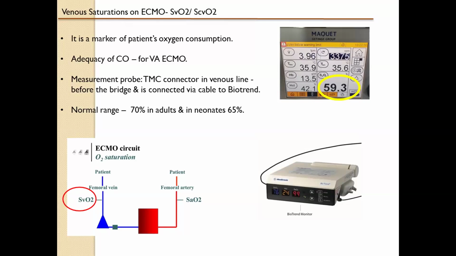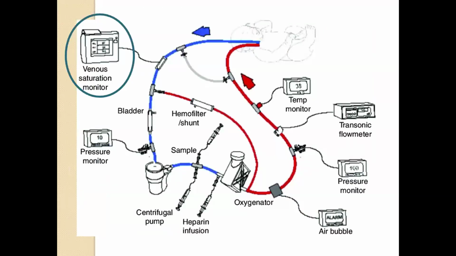What you're seeing in the console is the venous saturation that is demonstrated as a continuous monitoring process. So this is where the venous saturation is monitored in the circuit. In the drainage cannula, it is monitored between the patient's drainage cannula end and also before the centrifugal pump. So that is where the venous saturation monitoring needs to be happening.